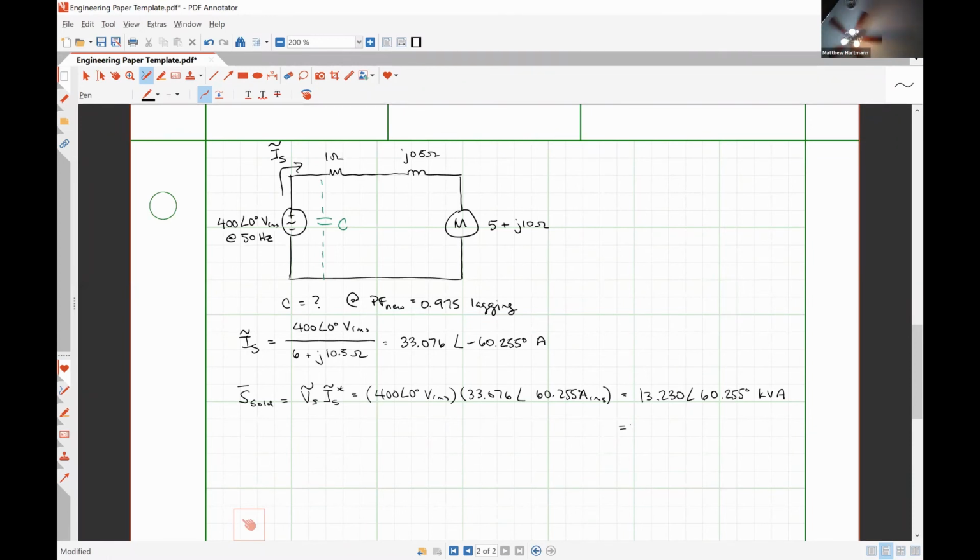So in rectangular coordinates, this looks like 6.564 plus j11.487 kVA.